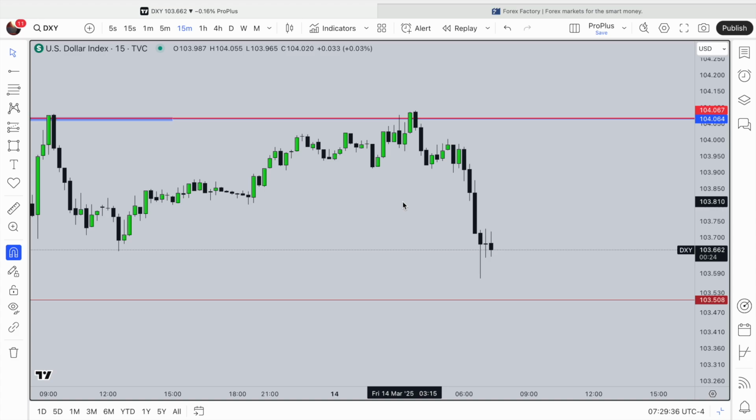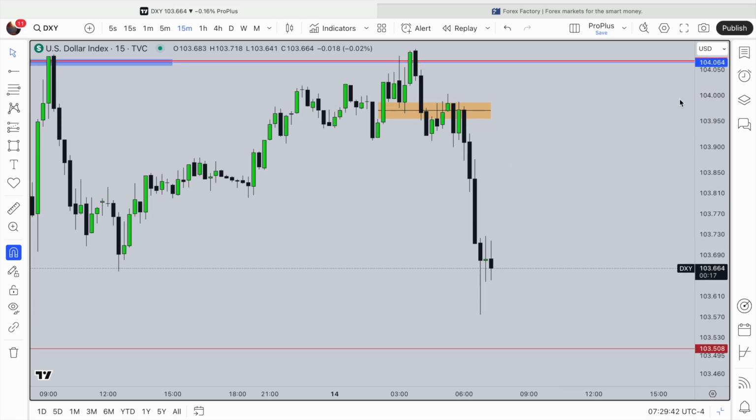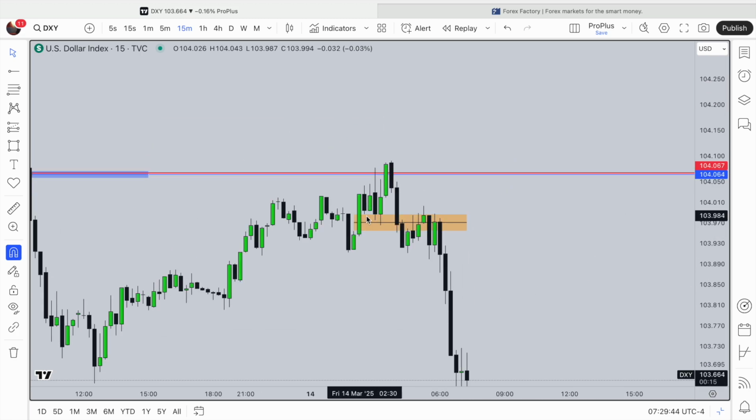Look on the 15. Straight away, this comes to my eye. I mean, look at that. There, breaks lower. Look at the bodies. Doesn't even close above. So again, that's another indication. I know it closed above the midpoint here, but the body still respected the high.